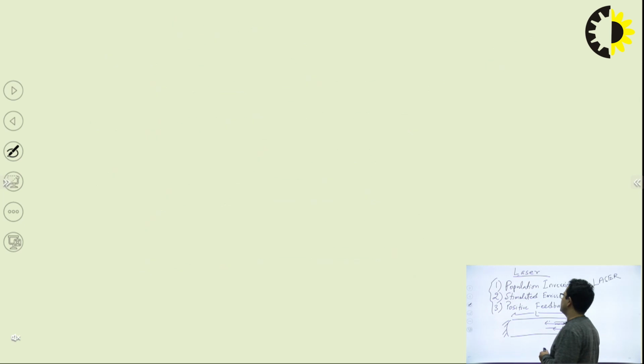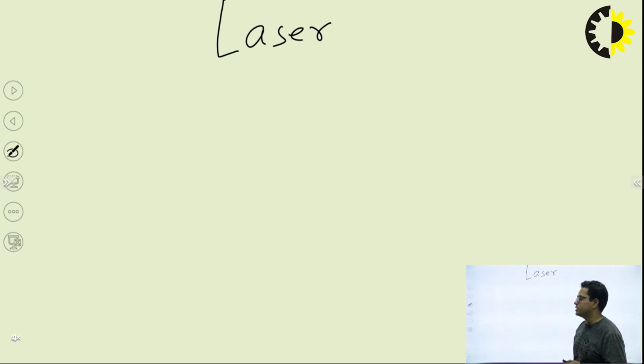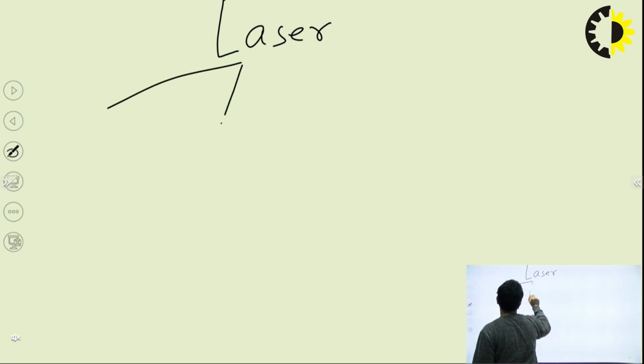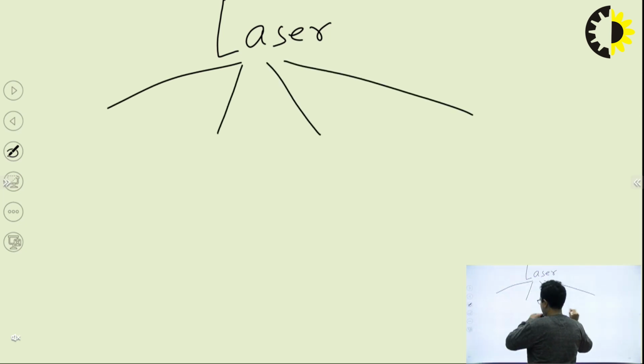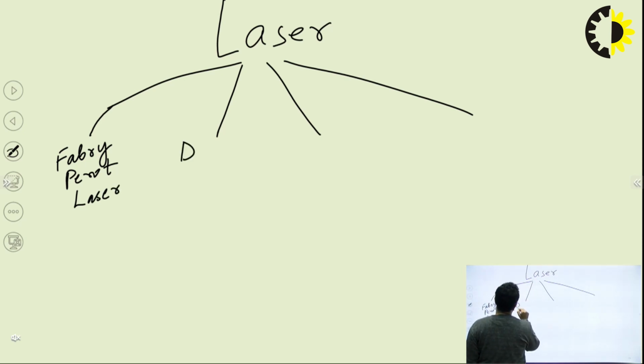In our next video lecture we will see the types of laser. Once we have this information about the laser, the next thing is what the types of laser are. In that we will study some basic types. Those basic types are, first, the Fabry-Perot laser. Another is the distributed feedback laser.